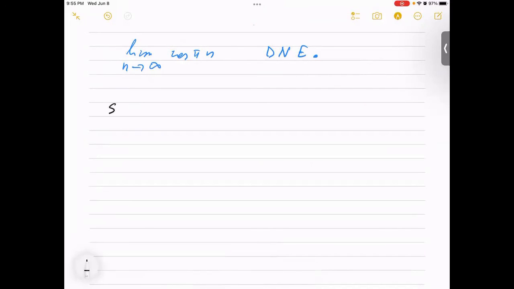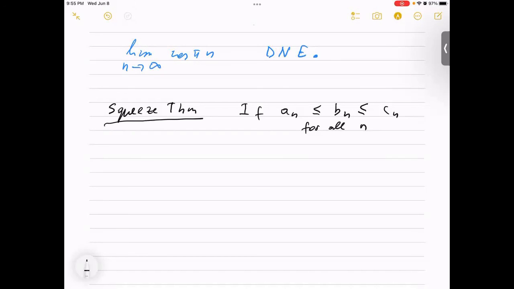Often we're going to need the so-called squeeze theorem. So what does the squeeze theorem say? If we have three sequences, a_n, b_n, and c_n, and b_n is in the middle, so a_n is less than or equal to b_n, and b_n is less than or equal to c_n, and that is for all n.